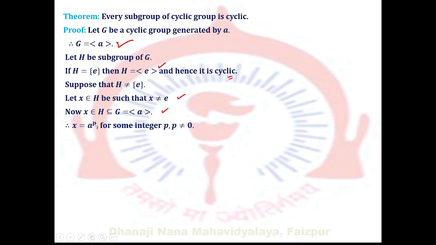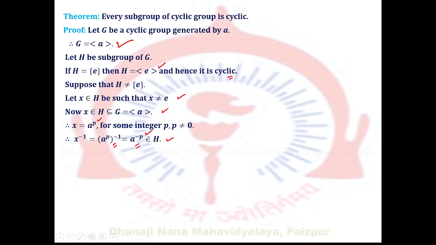So thus x is equal to a raised to p for some integer p, p not equal to 0. So from that we can say x inverse is equal to a raised to minus p, that belongs to H. So here we note that either p is a positive integer or minus p is a positive integer.